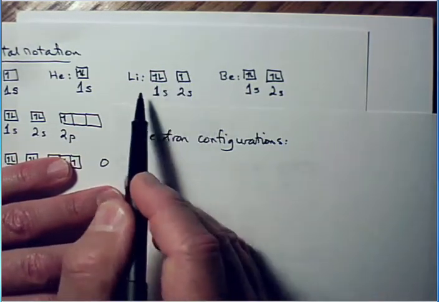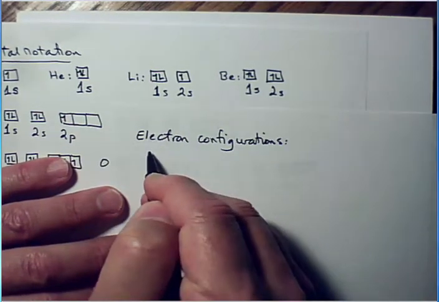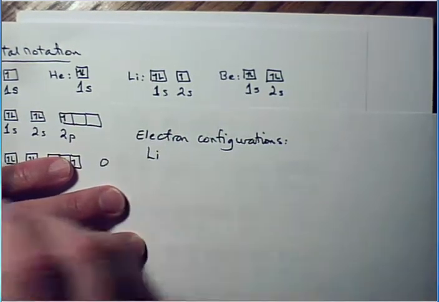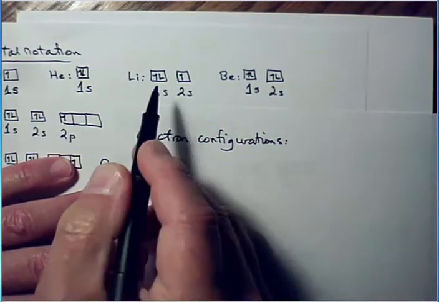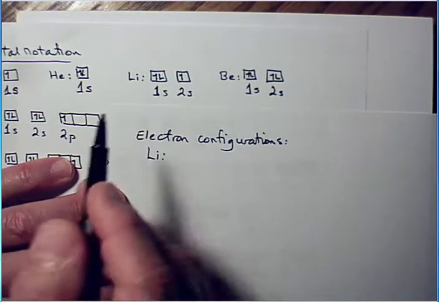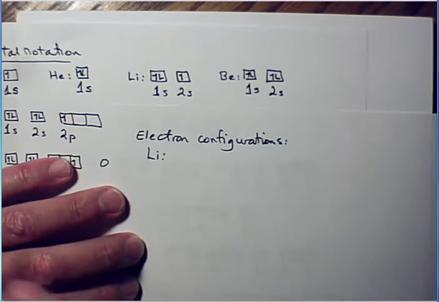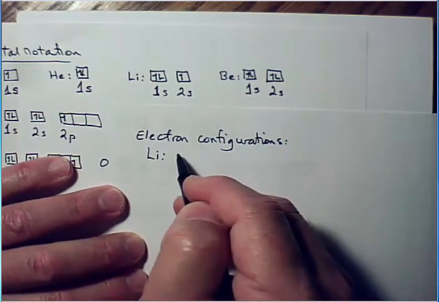It's just a condensed version of the orbital notation. For electron configuration, we're going to write the element symbol and a colon, just like we did with orbital notation, but we're not going to use the boxes. We're just going to count the electrons in a sublevel. Let me show you how that works.